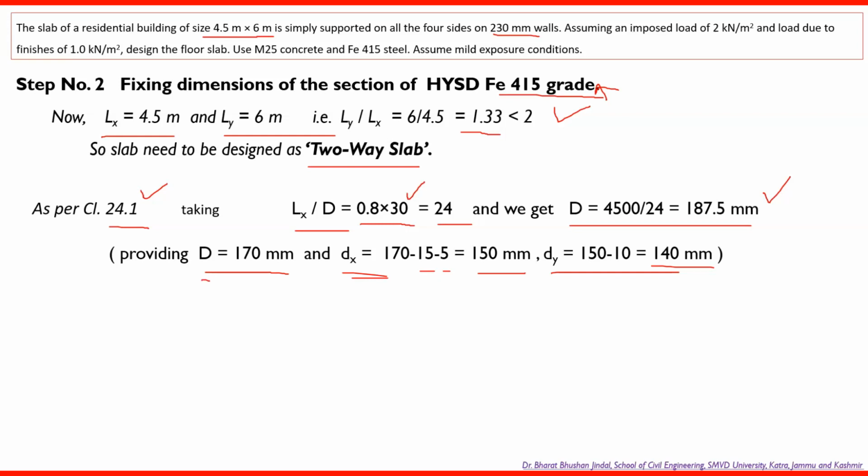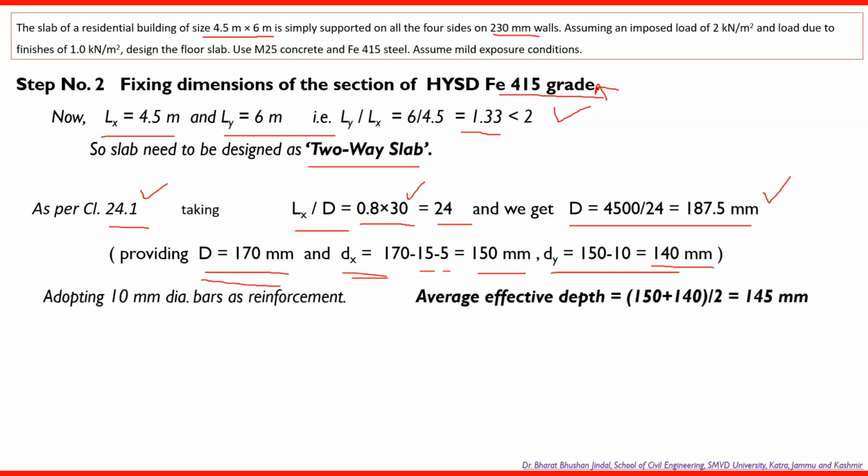So it is very clear that we have provided an overall depth of 170, an effective depth along the shorter direction of 150 mm, and an effective depth along the longer span of 140 mm.